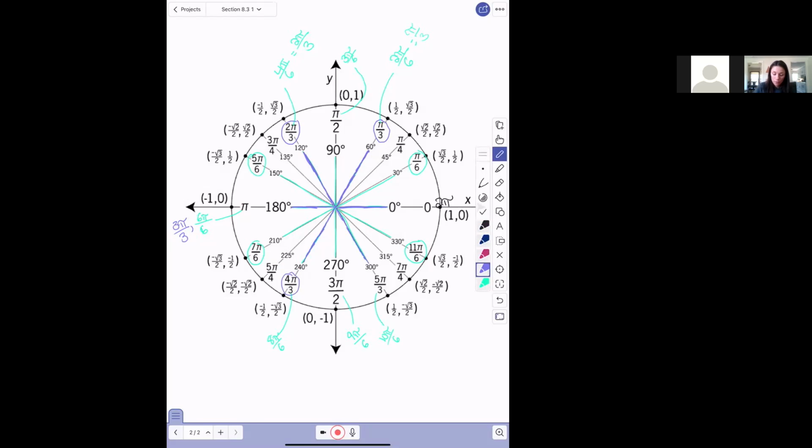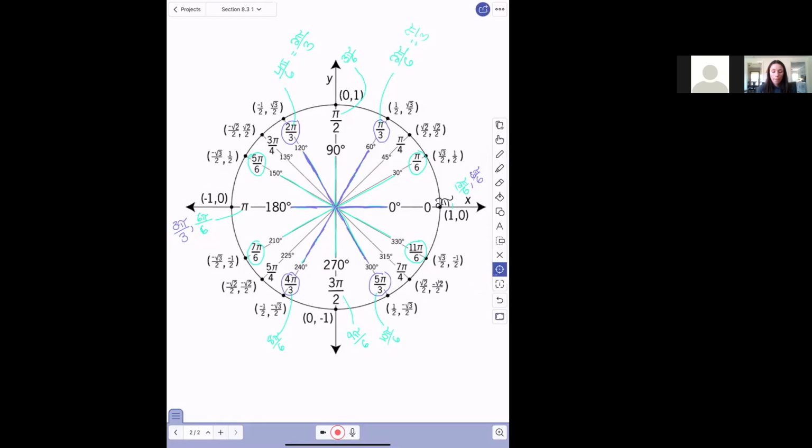And then we end up with 5/3 pi. And then once you get to 2 pi, I didn't mention this before, but this is the same as 12 pi over 6 for our sixths, and 6 pi over 3 if we're talking in thirds. And that's not as important. Okay.